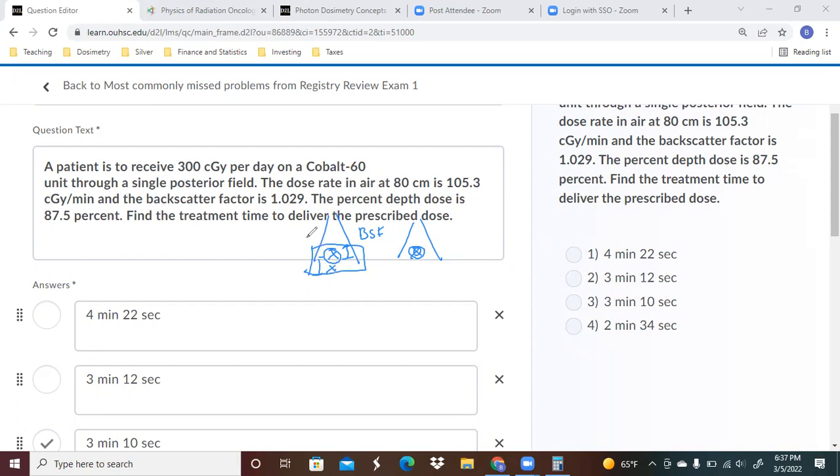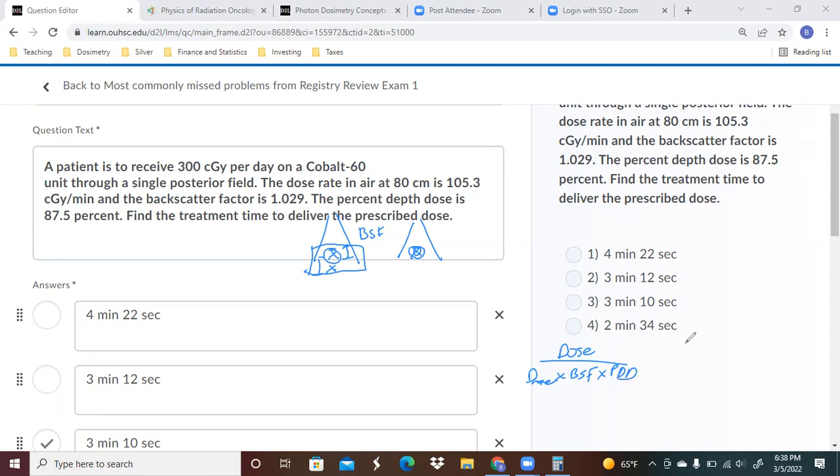In order to figure out exactly what the time needs to be, we're going to use the formula: dose is equal to the dose rate times the backscatter factor times the PDD.